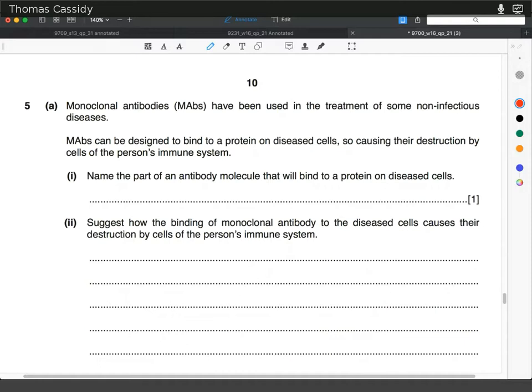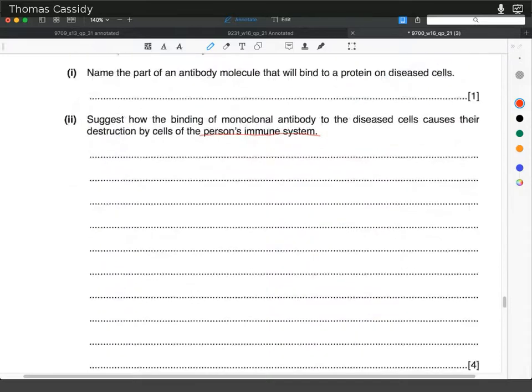But part 2 goes on to ask to suggest how the binding of this antibody to the disease cells actually causes their destruction. It doesn't just say how does it cause their destruction? It says by the cells of the person's immune system. So that kind of gives us a bit of a hint, because this is 4 marks.